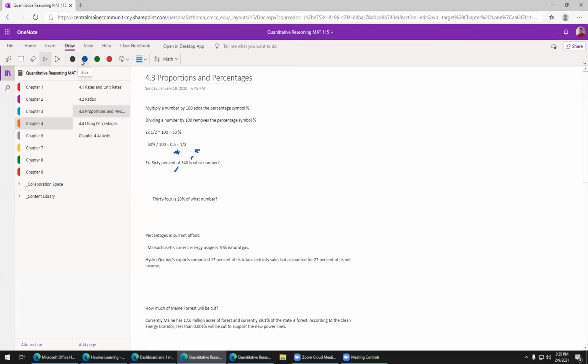So if I just write out in a math equation exactly what the problem is telling me to do, then I can solve this. 60% of 340 equals what? Right? So just take the words, knowing that of means multiply and is means equals.